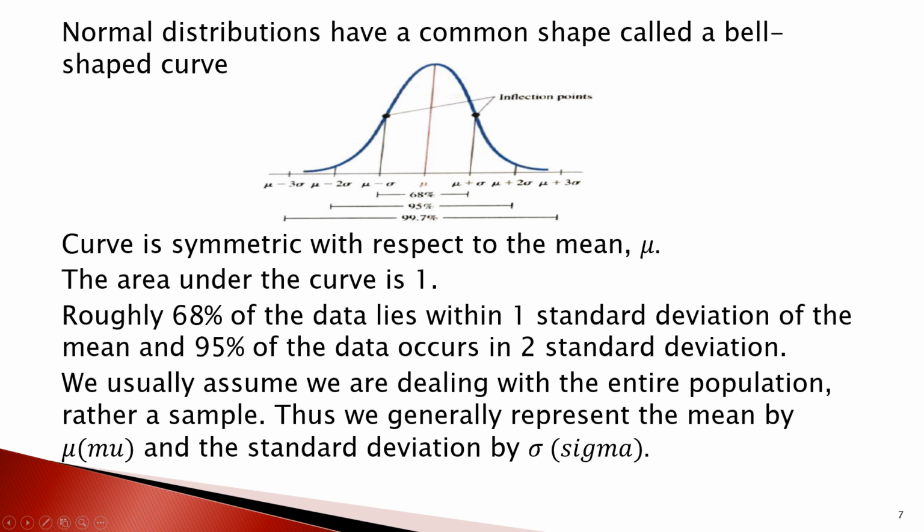If you look at one standard deviation above and below the mean, we have 68% of the data here. In other words, this area is 0.68. If you go for two standard deviations, from this point to this point, we cover 95% of the data.